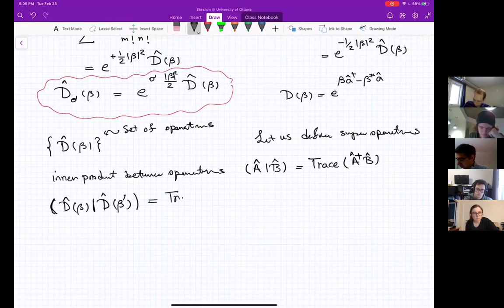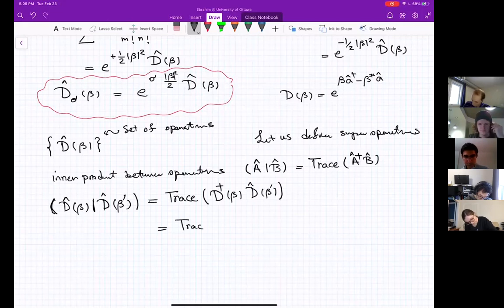It is the trace of D dagger beta, D of beta prime. All right. What is D dagger of beta? The inverse?